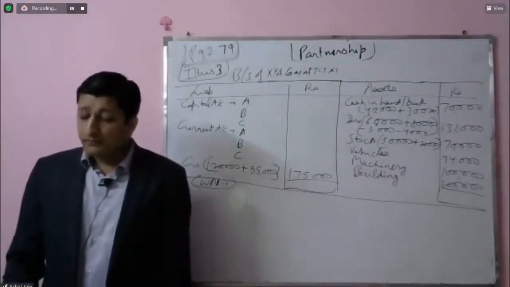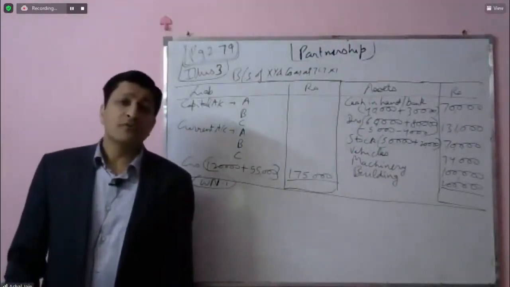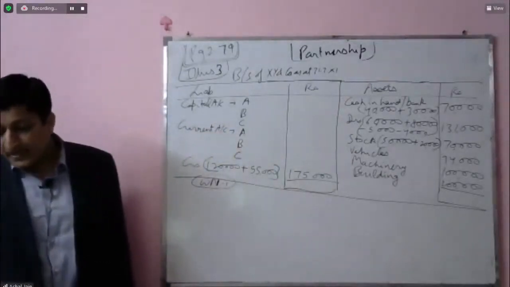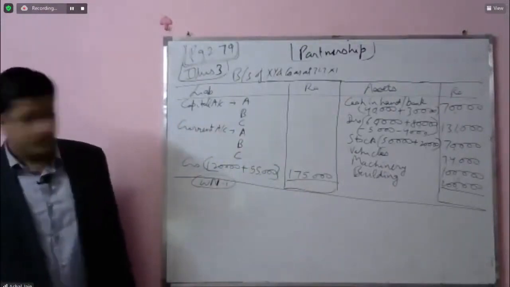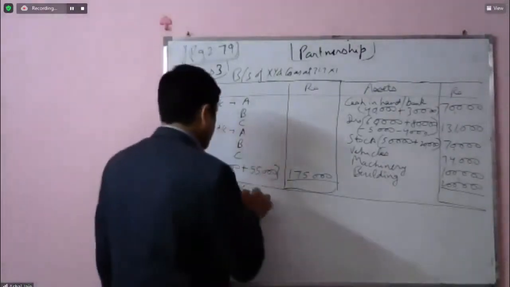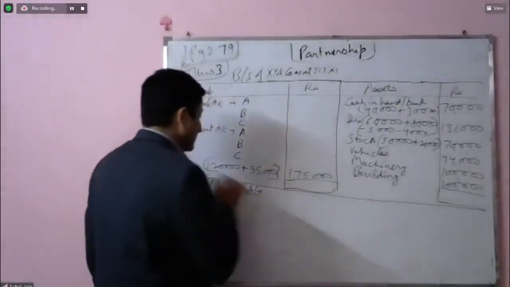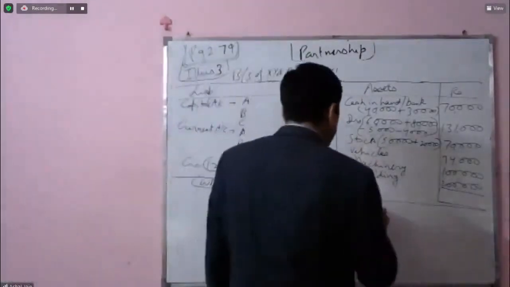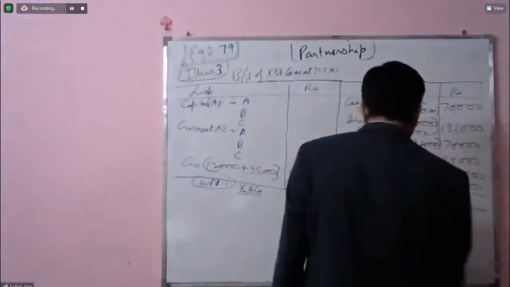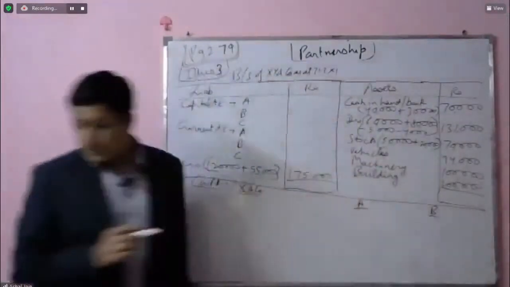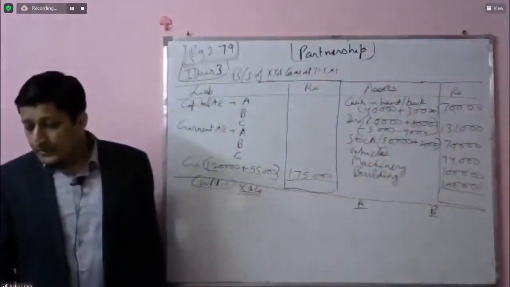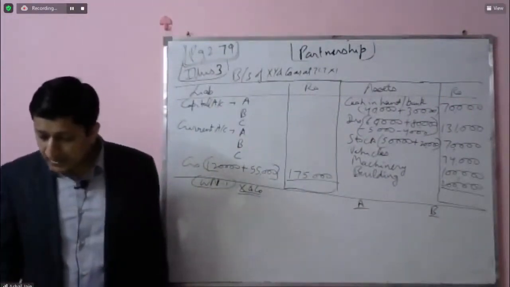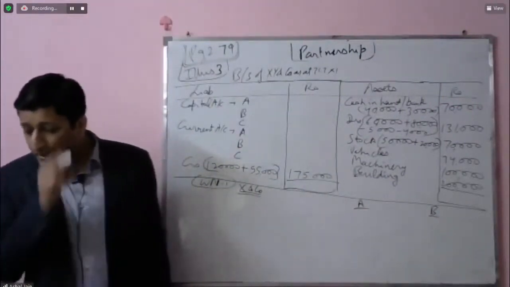First of all, we will have to close the books of the old firms. I'm looking at X and company, which had 2 partners, A and B. Their balances as per the last balance sheet are given as 1,50,000 and 1 lakh.